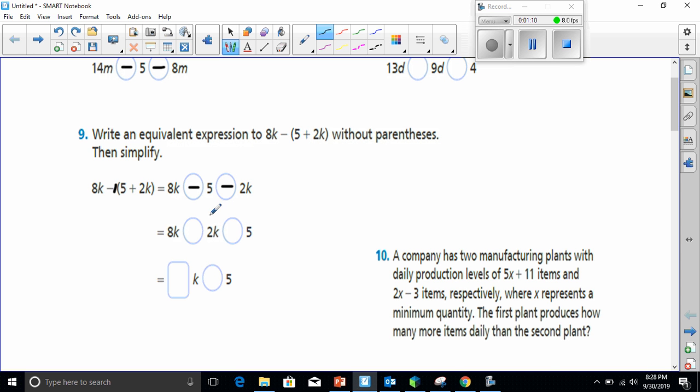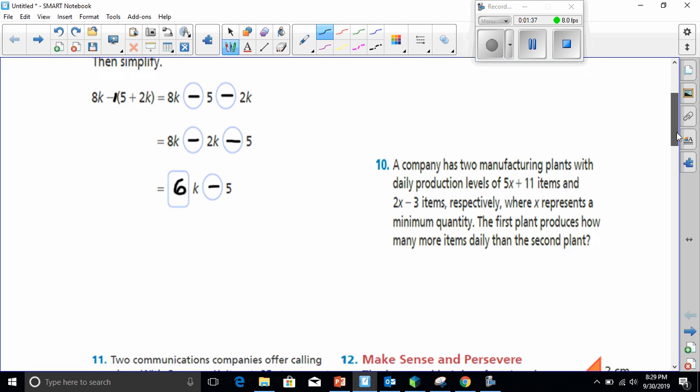Then we're going to have 8k. We're going to use our commutative property by moving our terms around. This is still a -2k, and this is still going to be a -5. Now I can combine 8k minus 2k, and 8 minus 2 is 6, so that would be 6k minus 5, and that's number 9.